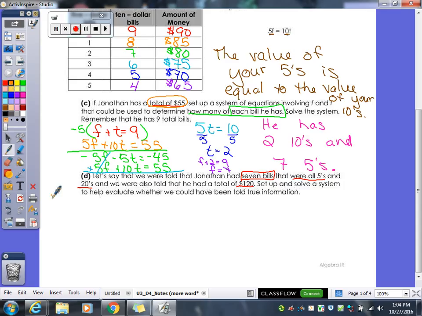So we need to first set up a let statement because our letters are changing a little bit. F is still going to be your number of 5s because we still have $5 bills here. This time, though, what is t going to be? 20s. So let t equal number of 20s.